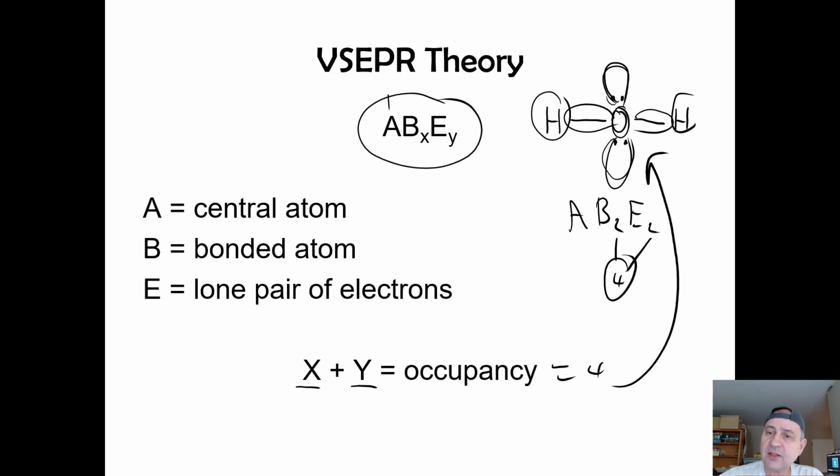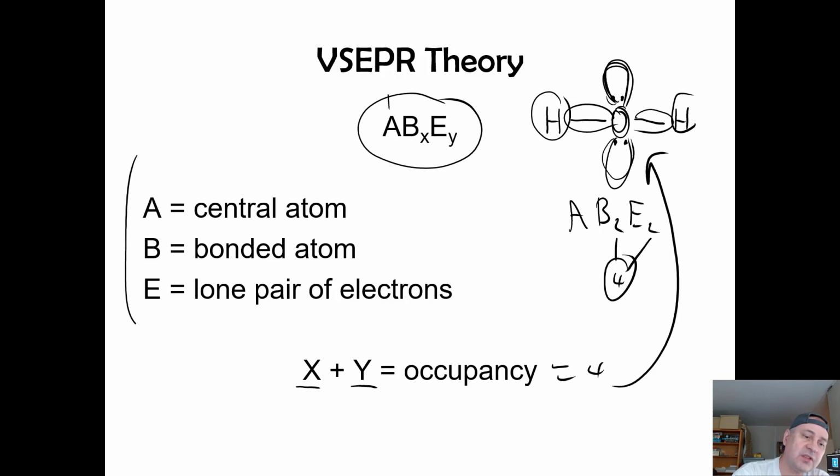And then of course electrons don't have any matter or negligible matter, so they're just taking up space and they're pressing on the existing atoms. So they're pressing down from above and below, and so we get a bent shape.